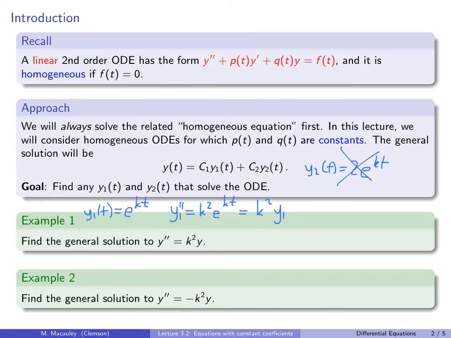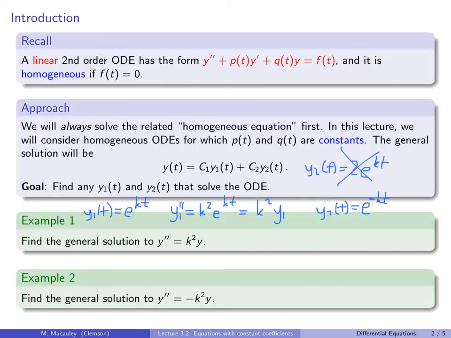So what else is there? Well, here's something that you might think of as well, y2 of t. What about e to the negative kt? What happens if you take two derivatives of this? Well, each derivative, a negative k pulls down, so when you take two derivatives, you get a positive k squared pulling down. So these are two truly distinct solutions.